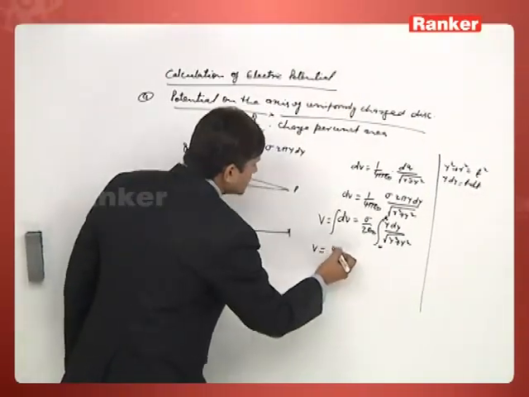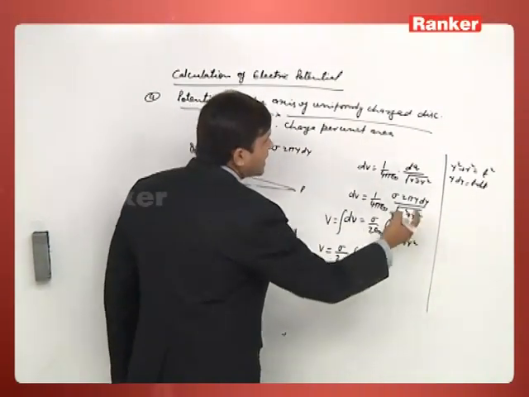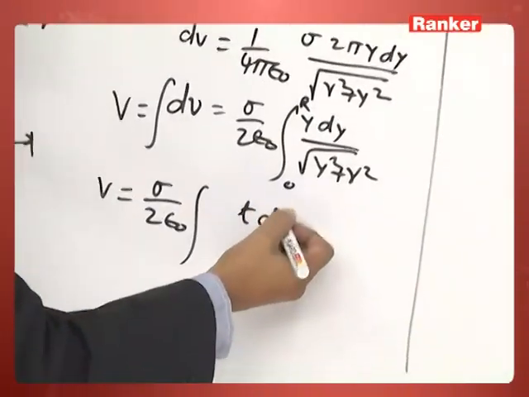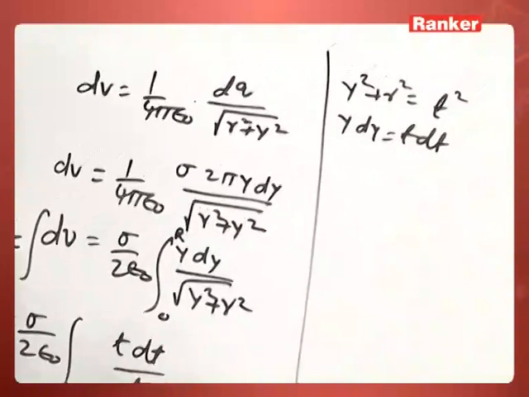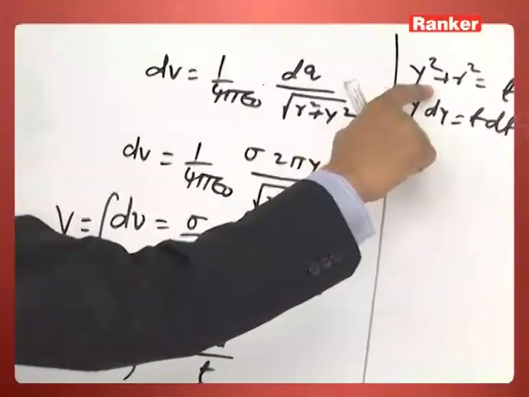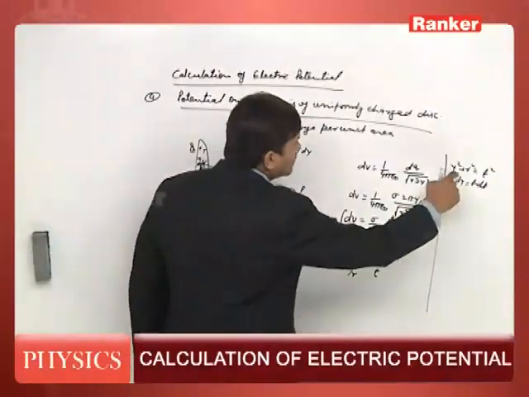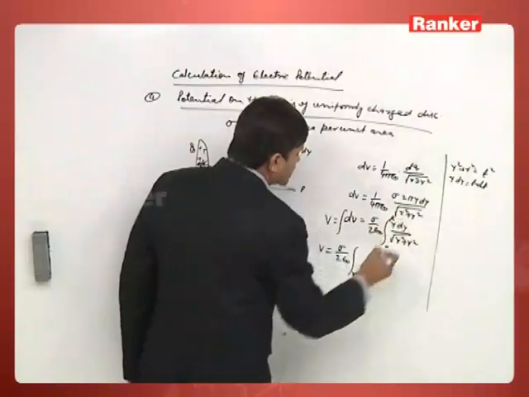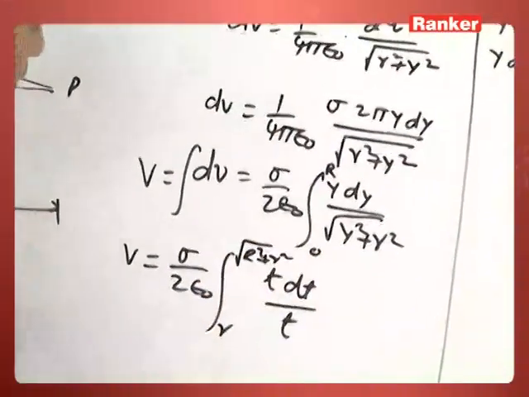So V is sigma by 2 epsilon naught, and writing t dt for y dy, root over y square plus r square becomes t. The limit of t: when y is 0, t is equal to r, and when y is capital R, t will be root over R square plus r square.